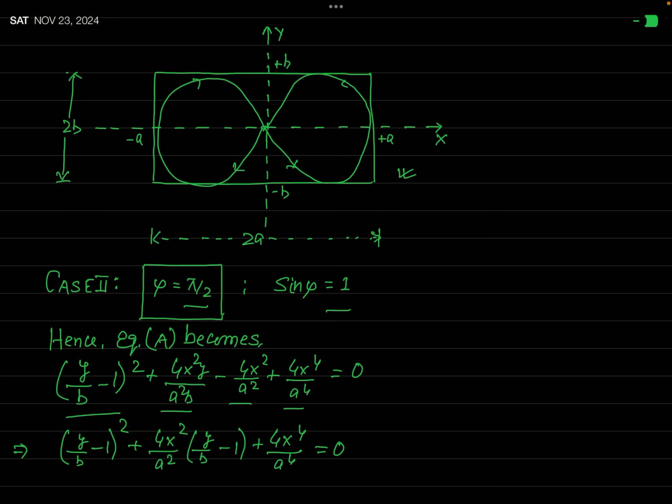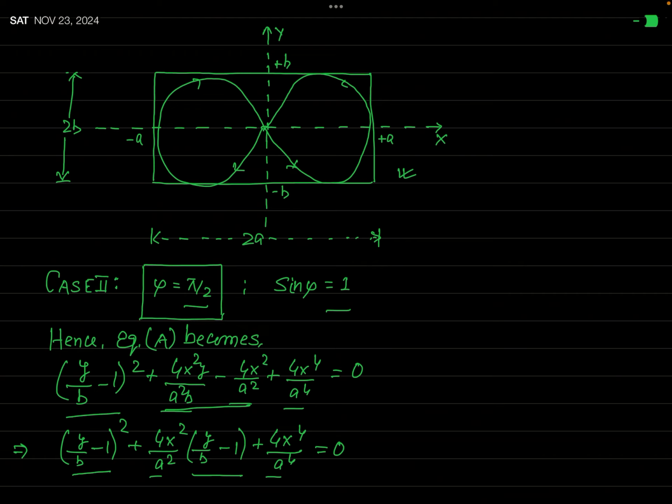Now this second and third term, you can combine these two terms and you can write this equation as y over b minus 1 whole square plus 4x square over a square times y over b minus 1 and plus 4x4 over a4 equal to 0.